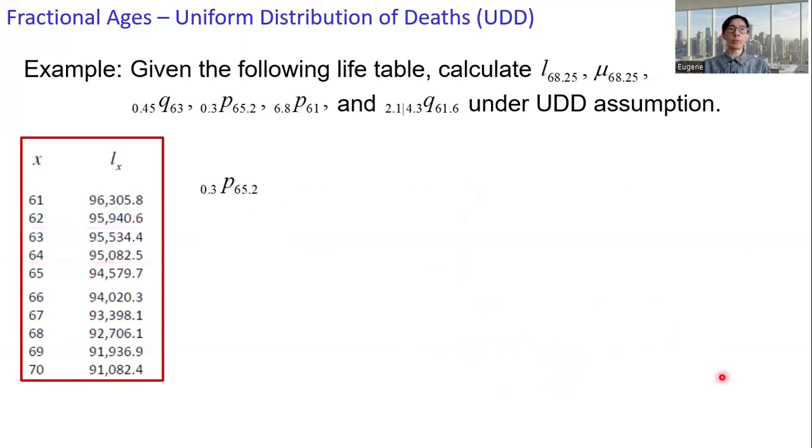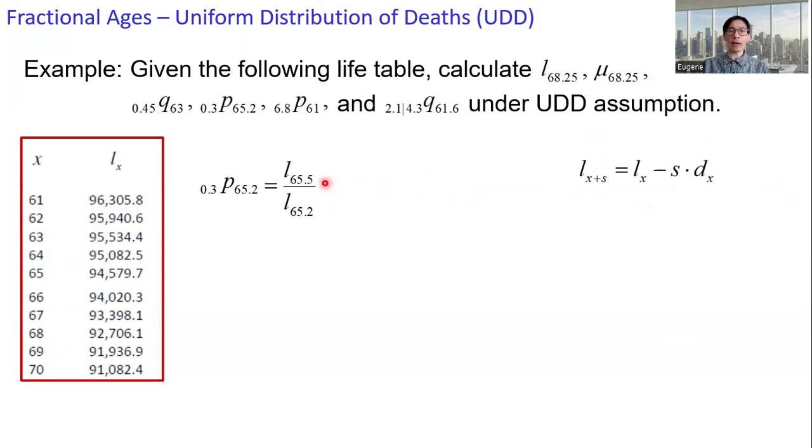All right, the next one, 0.3 p65.2. This probability, in terms of the L's, is L65.5 over L65.2: the expected number of survivors at age 65.5 over the expected number of survivors at age 65.2. From that, we can make use of the expression here. The fractional ages, the fraction is between 0 and 1.